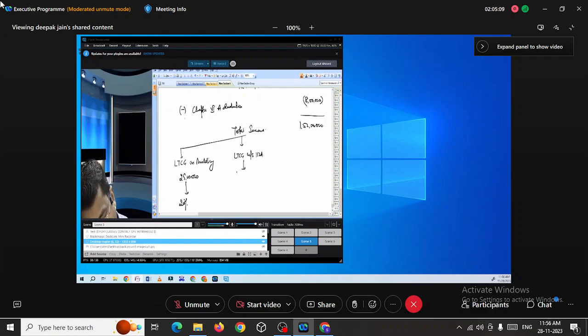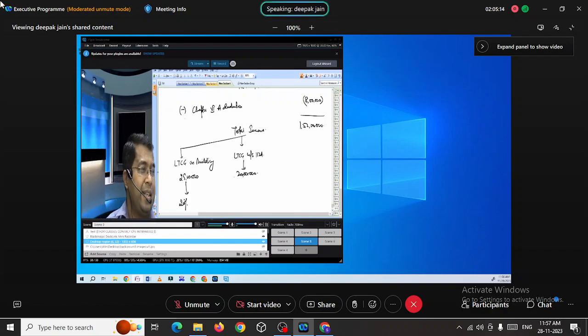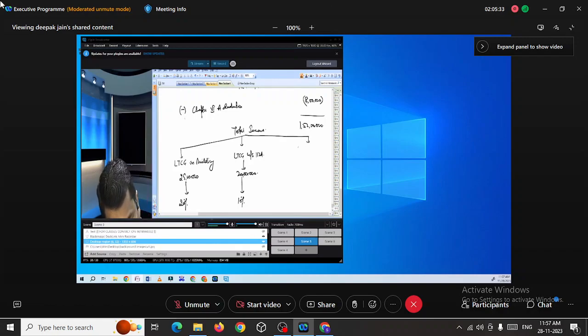Total 21 lakh, out of which 1 lakh is exempt. So remaining 20 lakh, what is the tax rate? 10%. Other income as balancing figure. How much? 152 minus 25 lakh minus 20 lakh.